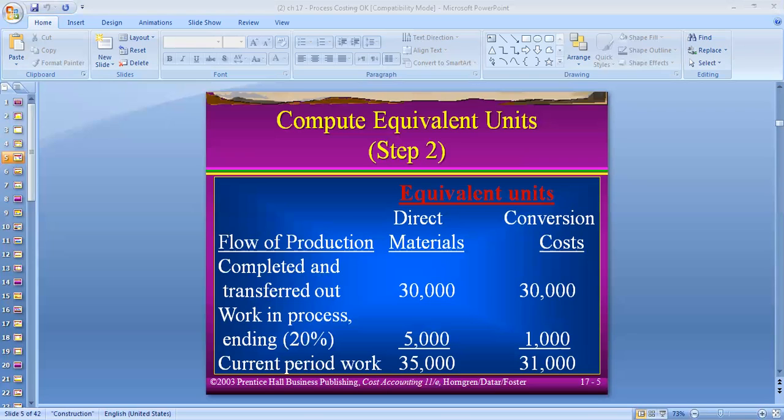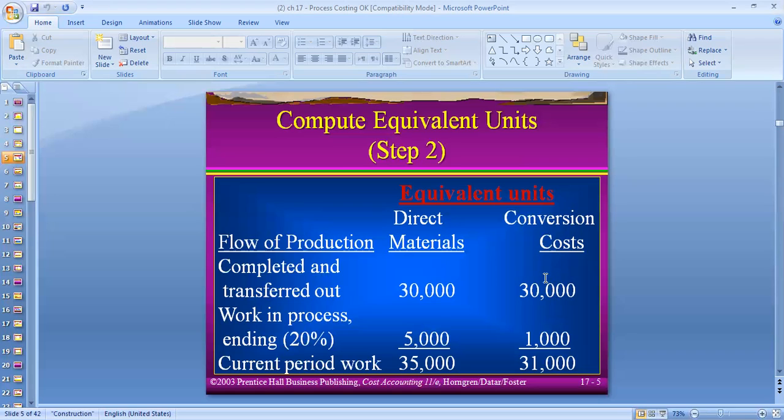Okay. I'll begin with you again. Equivalent units of production report. The completed units transferred out to the next process, 30,000 regarding direct material, 30,000 regarding direct labor and indirect manufacturing costs, which we gathered together under the conversion cost.